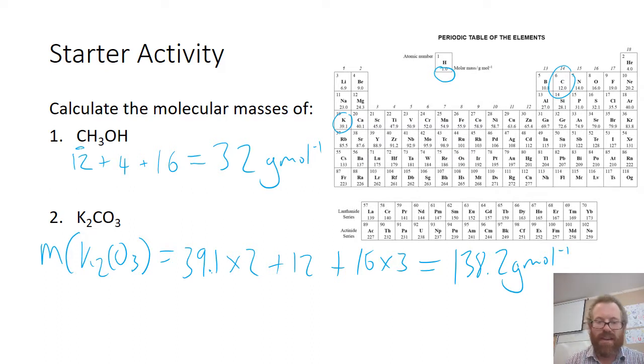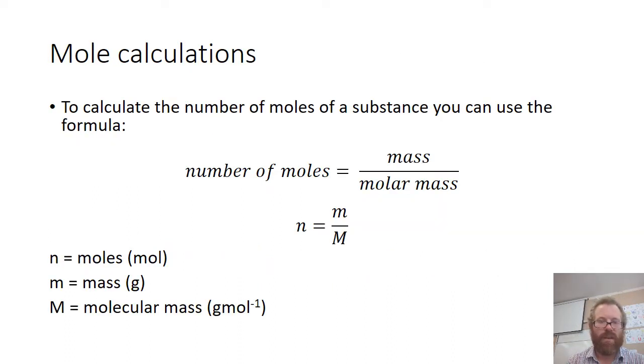What we're going to do today is extend to that, to now using this molar mass or molecular mass to work out and calculate masses and moles of things. So this is the first of 2 really important formulas to know, to memorize. You don't get given it.